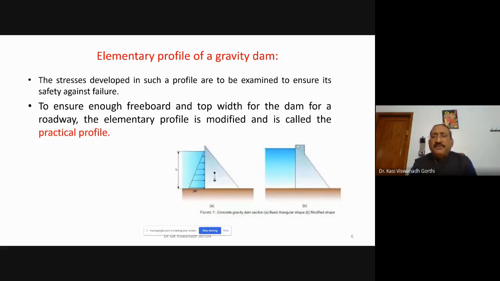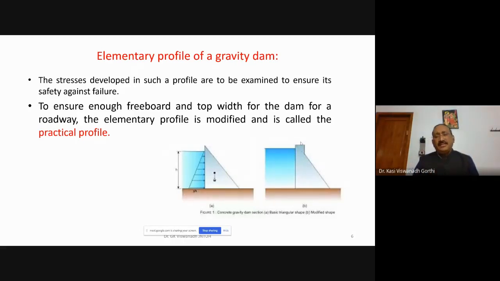So a practical profile of a gravity dam would not be a simple triangle, but it has two more provisions. Provision one is there will be freeboard. Provision two is there will be top width. If these two are there, then we say that it is a practical profile. Elementary profile is a simple triangle, apex corresponding to the FRL.